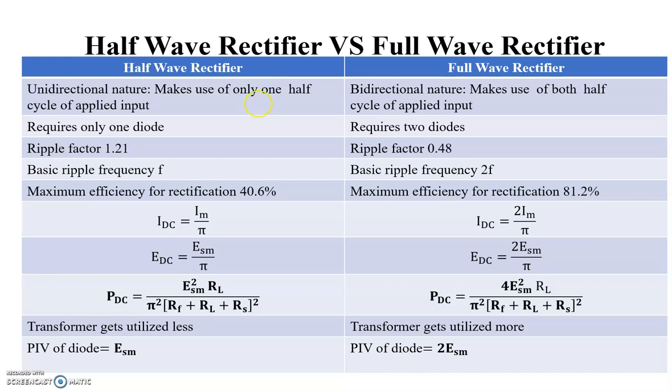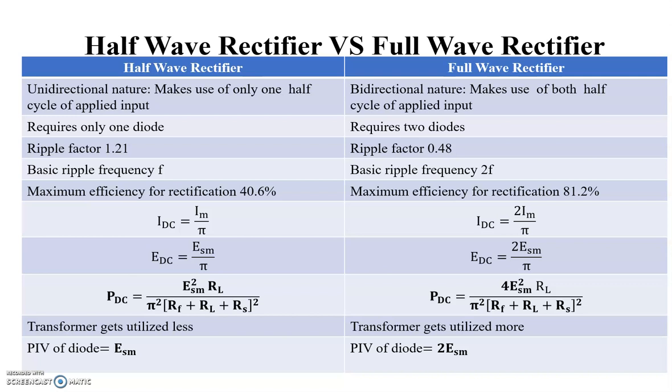The half-wave rectifier requires only one diode, whereas the full-wave rectifier requires two diodes. The ripple factor is less for full wave, that is, the rectification is more nearly complete for full wave as compared to half wave. The lowest ripple frequency in the full wave circuit is twice that in the half wave circuit.